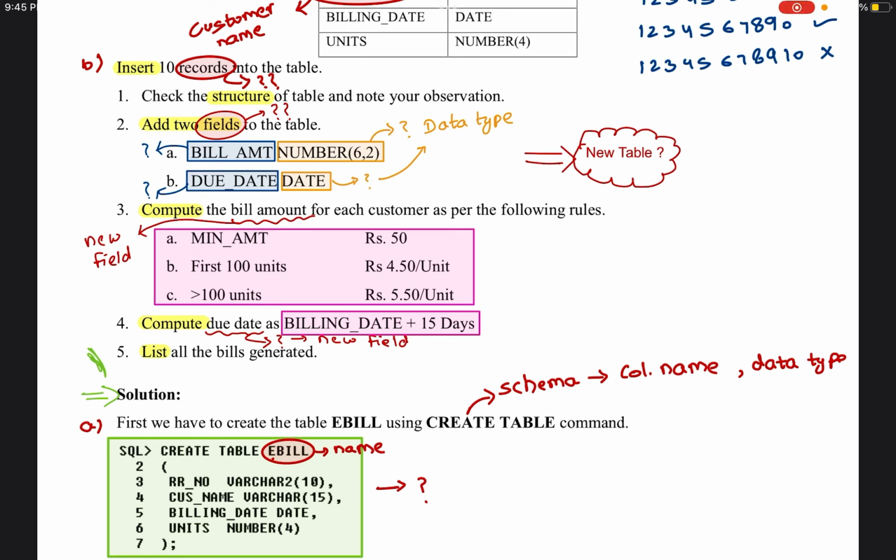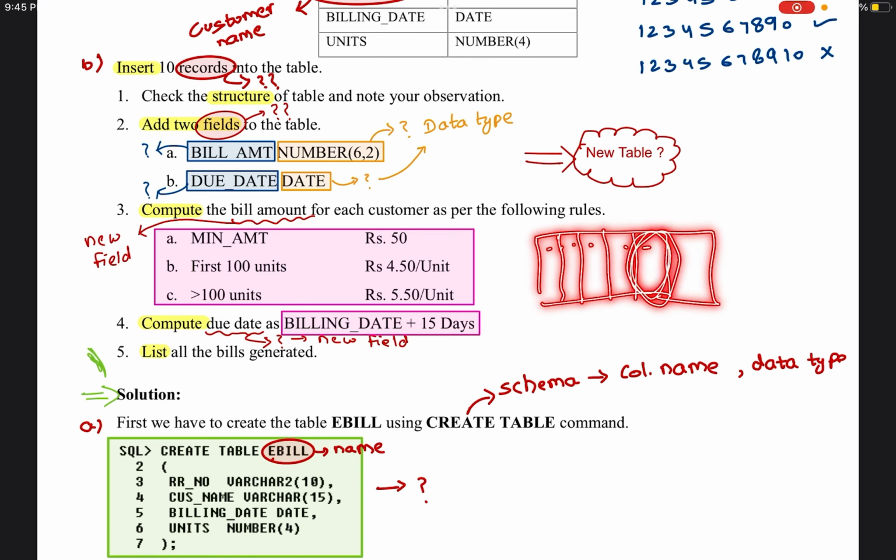Based on these rules, we will calculate our column bill amount. I'll show: first, second, third, fourth, 1, 2, 3, 4, 5. Now this is the fifth one, bill amount. We will calculate it because of these rules.